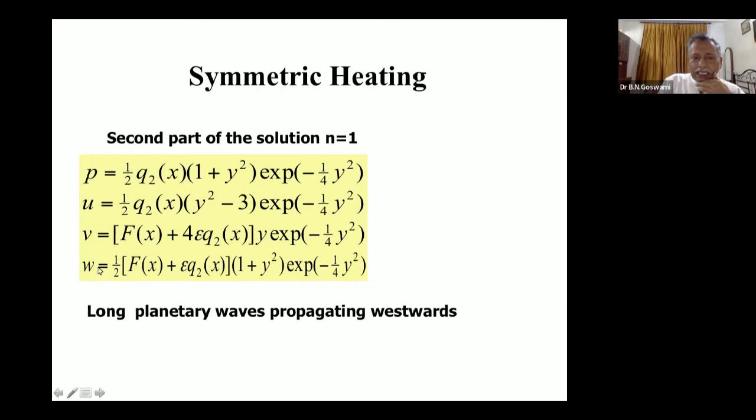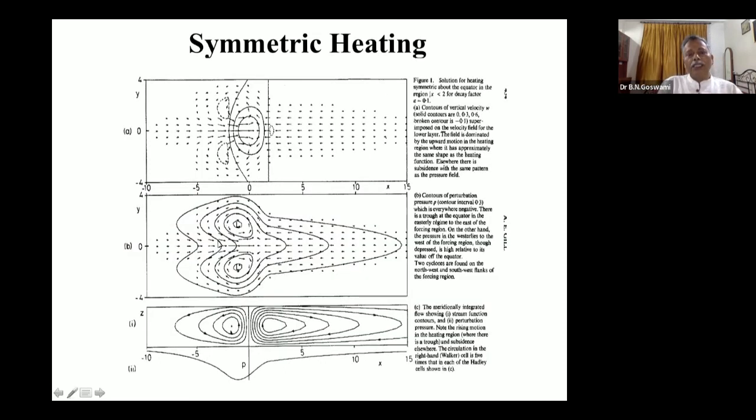And these solutions, now I can plot these solutions in this form. Together I can sum them up and plot, and the Q0 solution plus Q1, Q2 solutions, if I plot, this looks like that. Remember, this solution is very much similar to what we found in Matsuno's periodic solution, but now it is localized.